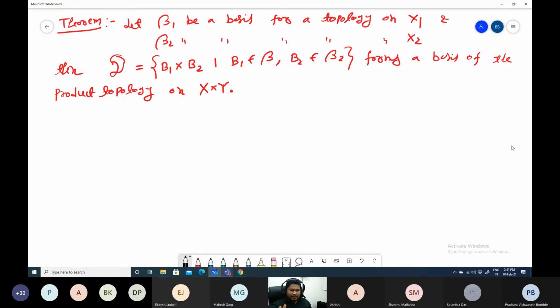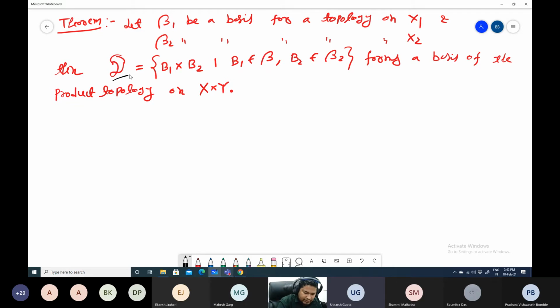Whenever you have this kind of problem, what do you need to prove? Now this is a basis, and this basis forms a topology, right? And you have the product topology, which has a basis. Now you have to show that both topologies are the same. So we can start by showing that B1 cross B2 is an open set in the product topology and then use that lemma that we did earlier. Right, exactly.